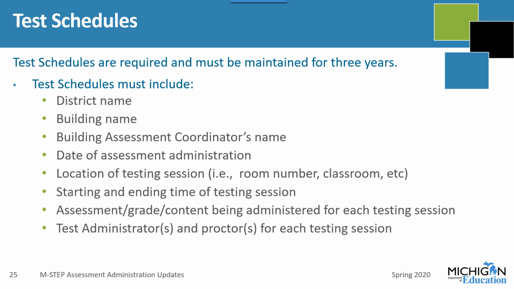There's a template available in the Assessment Integrity Guide, AIG, or on the MSTEP webpage. Again, that's www.michigan.gov/MSTEP under the current assessment administration. You're not required to use this template. You can create your own, but you need to have this information on it.